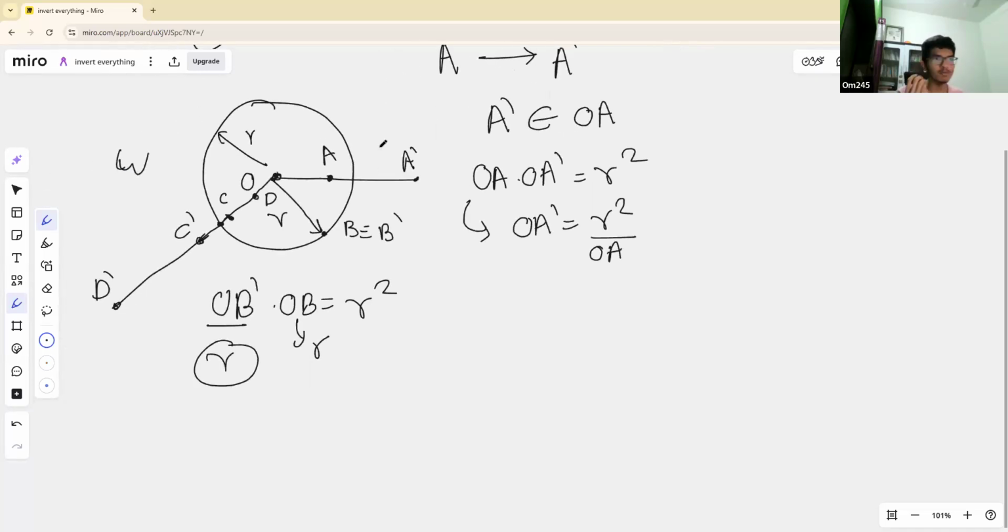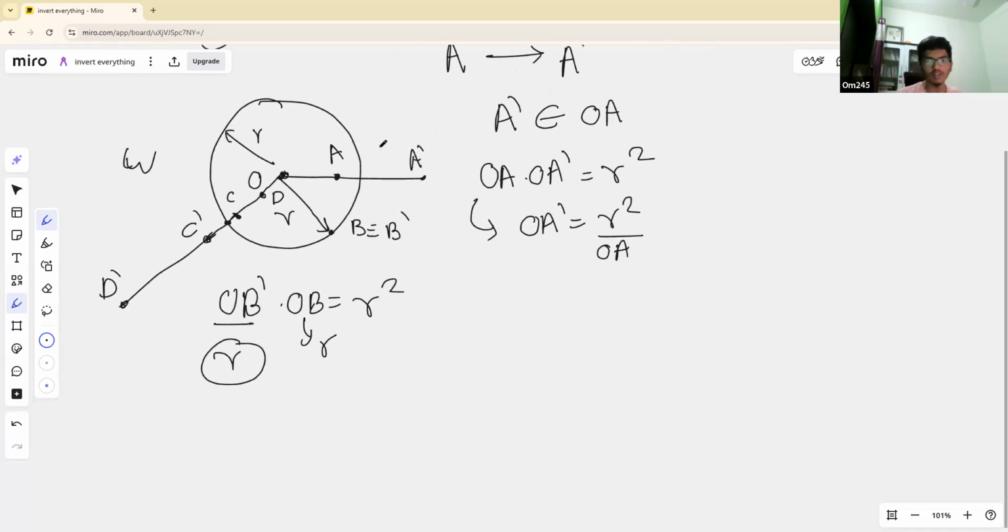Now, there is one nice property about inversion which makes it very powerful: if you do the same process with A dash, it will go to A, because A lies on OA dash and OA dash times OA equals R square. So in inversion, if A goes to A dash, then A dash goes to A. This property preserves the niceness of the inversion.